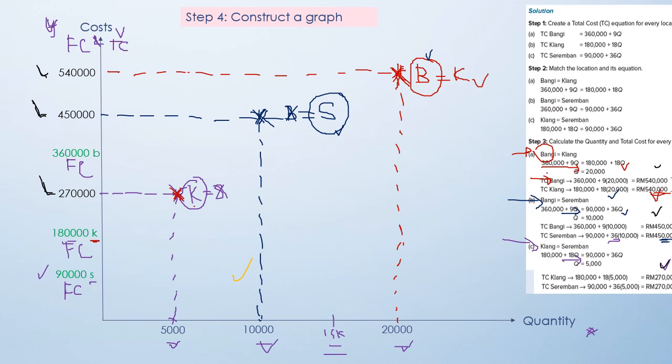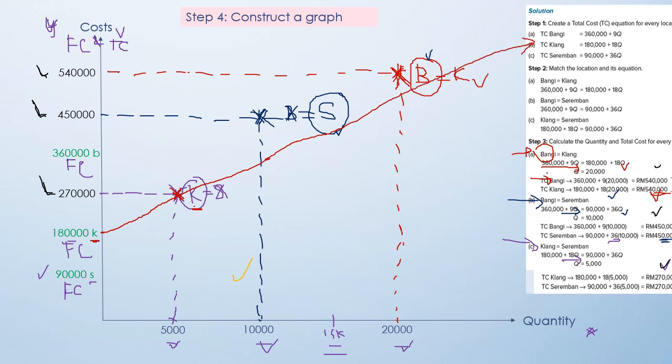So what you have to do is to start drawing the total cost line from the fixed cost of that particular location. You have labeled this intercept as belonging to Klang, so you have to start drawing from the fixed cost of Klang and touch the intercept. Okay, my drawing may not be correct lah.